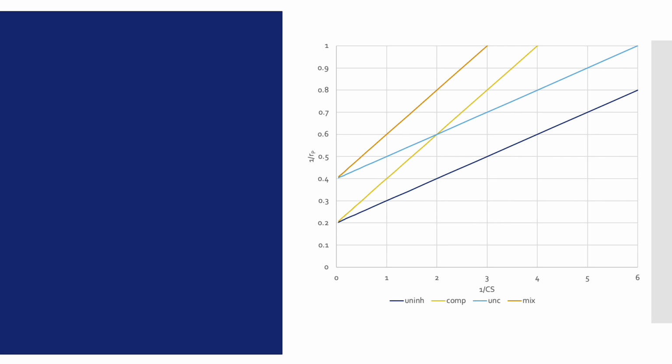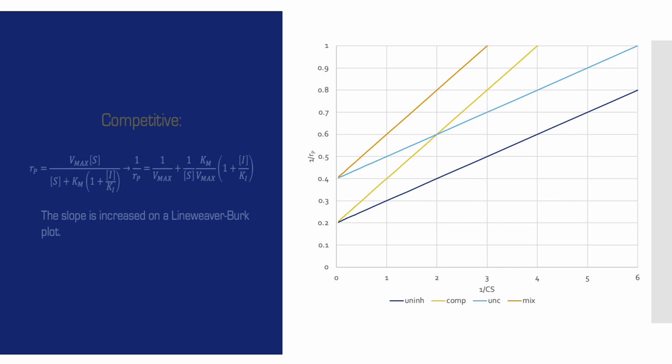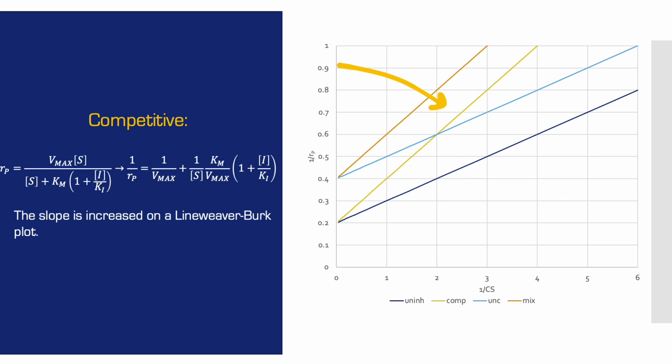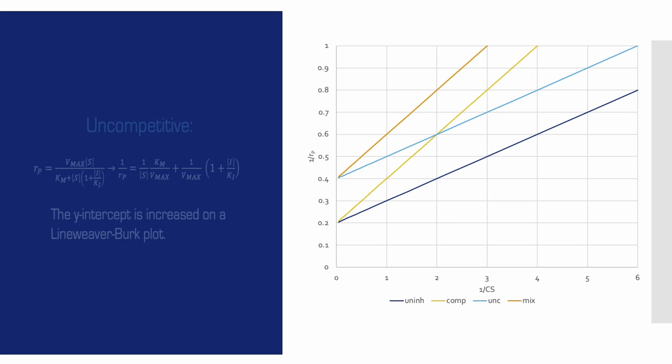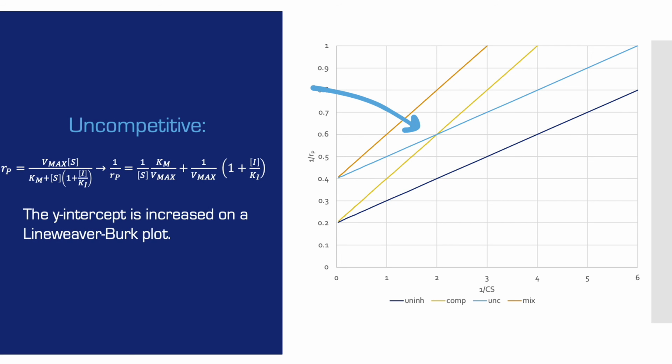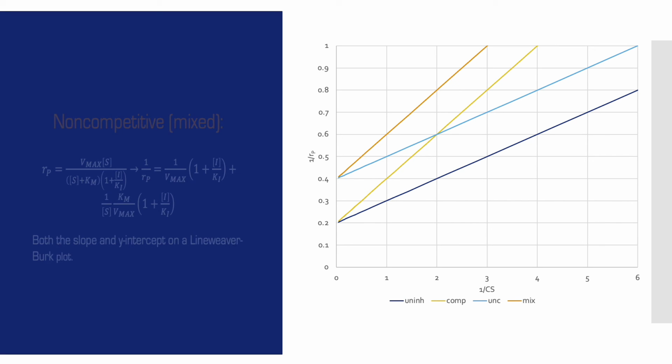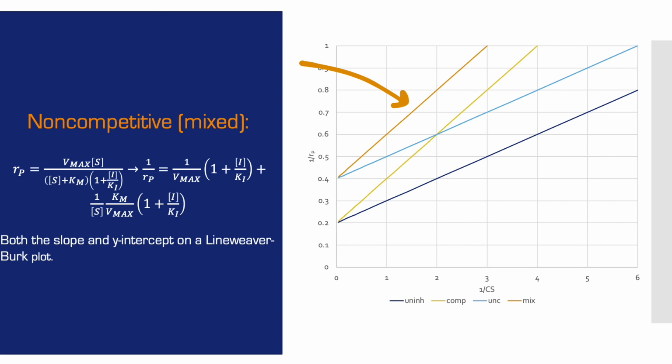So let's look to see how these differences can translate onto a Lineweaver-Burk plot. In a competitive reaction, the slope has increased. In an uncompetitive, the y-intercept has increased. And in non-competitive, both the slope and y-intercept have increased.